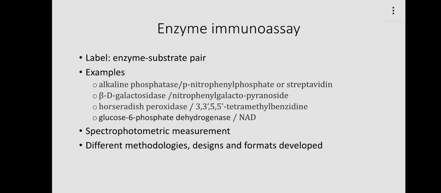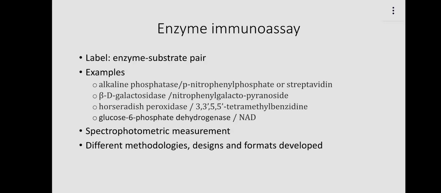We have listed a sample of enzyme substrate pairs that have been used. We have alkaline phosphatase, which is the enzyme, with para-nitrophenyl phosphate as the substrate. We have an example of beta-D-galactosidase with nitrophenyl galactopyranoside as the substrate.